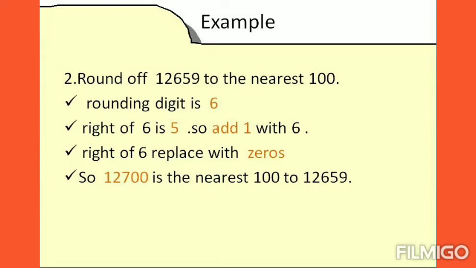It is exactly 5 also. We should add 1 with the rounding digit. If you add 1 with the rounding digit, it becomes 7. So to the left of the rounding digit we should keep as it is. To the right of the rounding digit we should change as 0. Now the answer is 12,700.